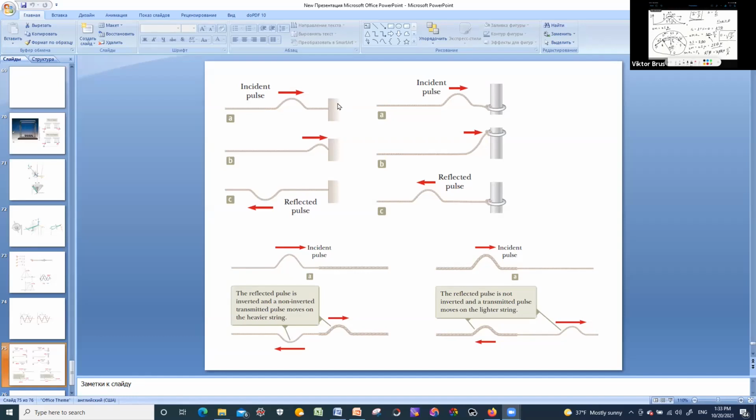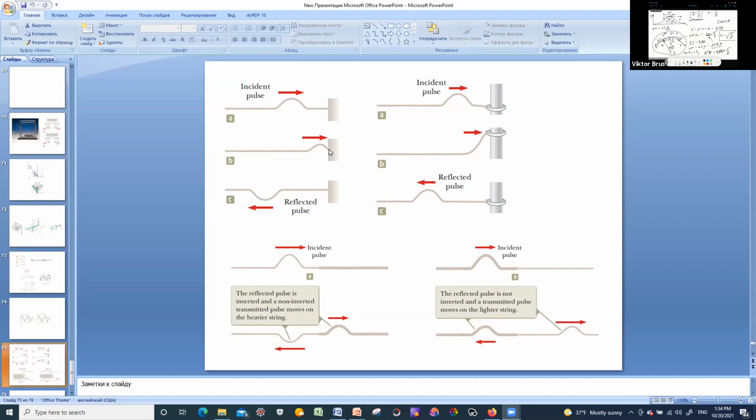So it's firmly attached. It cannot move with respect to the wall. So if this pulse approaches the wall, then there will be some upwards force acting from the side of the rope, like of the string, on the wall.